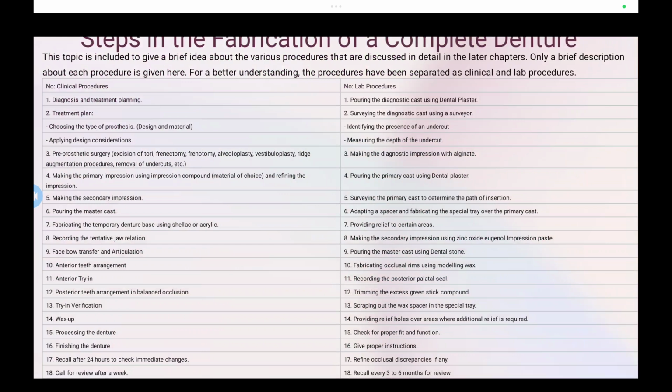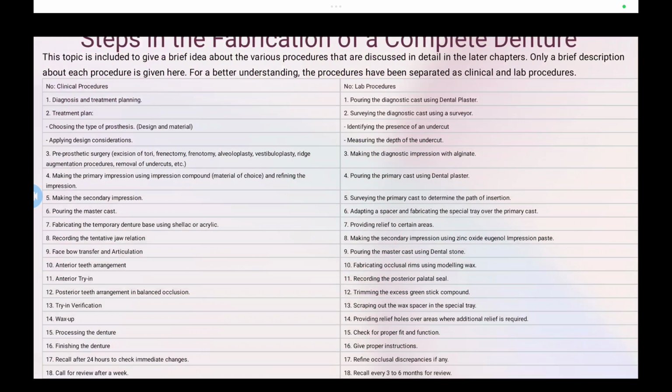It will become clear in the next lectures when these topics come and we will discuss them. In short, tori is a bony part in the oral cavity which should be excised for the fabrication of the complete denture to make the prosthesis.